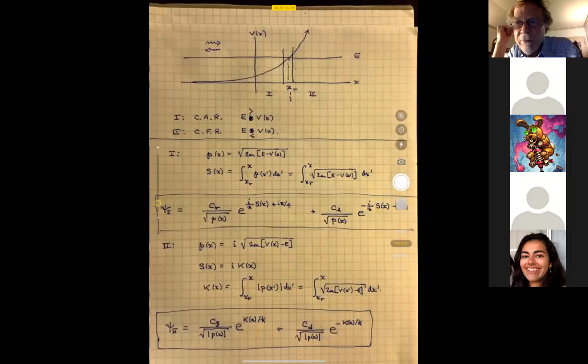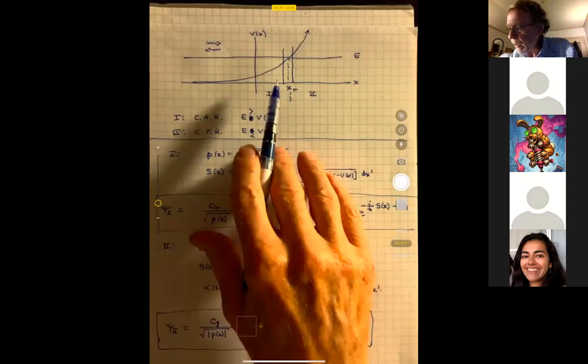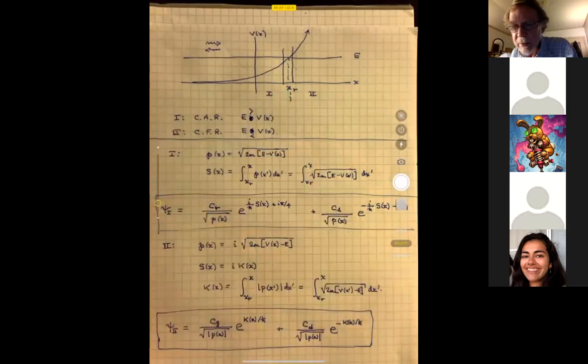Now, it can't really be infinite because an infinite wavelength would take up the entire x-axis, and there's only so much region around there. But it becomes big. As you get closer to the turning point, it gets as big as you want. And so the whole approximation scheme that the WKB theory is based on breaks down. And the result is that none of these formulas are valid exactly at the turning point.